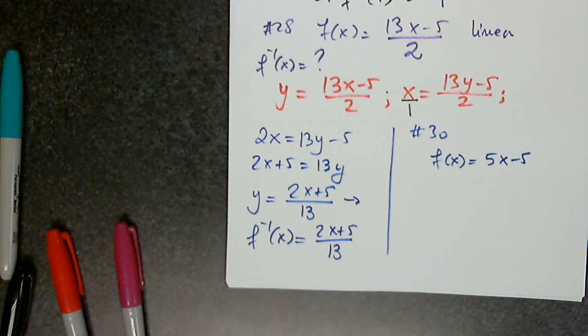We are not asked to find the definition or the equation of the inverse function. We're asked to graph this function and its inverse on the same coordinate system. So let's do that.